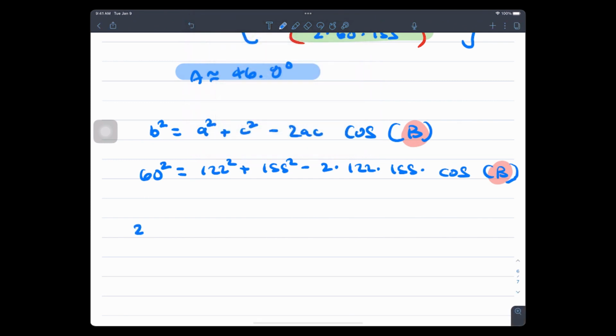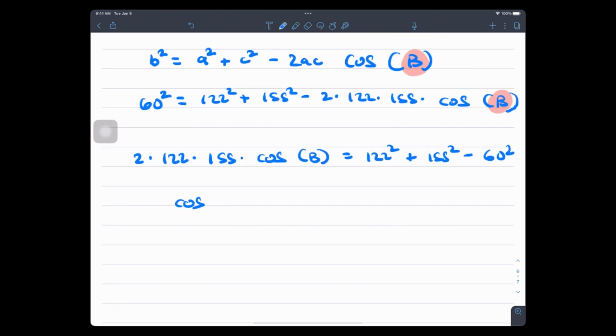So, 2 times 122 times 155 cosine B equals 122 squared plus 155 squared minus 60 squared. So now you get cosine B: 122 squared plus 155 squared minus 60 squared, everything over 2 times 122 times 155.